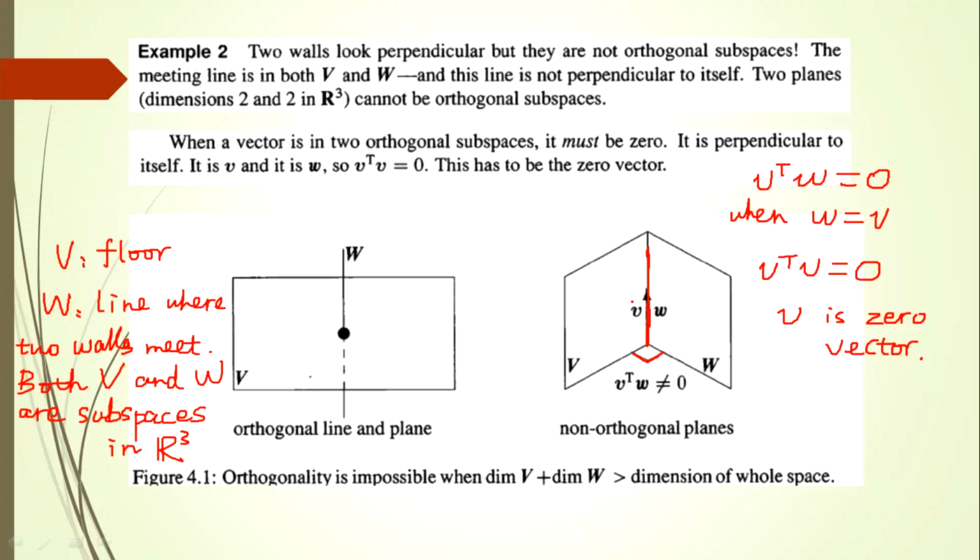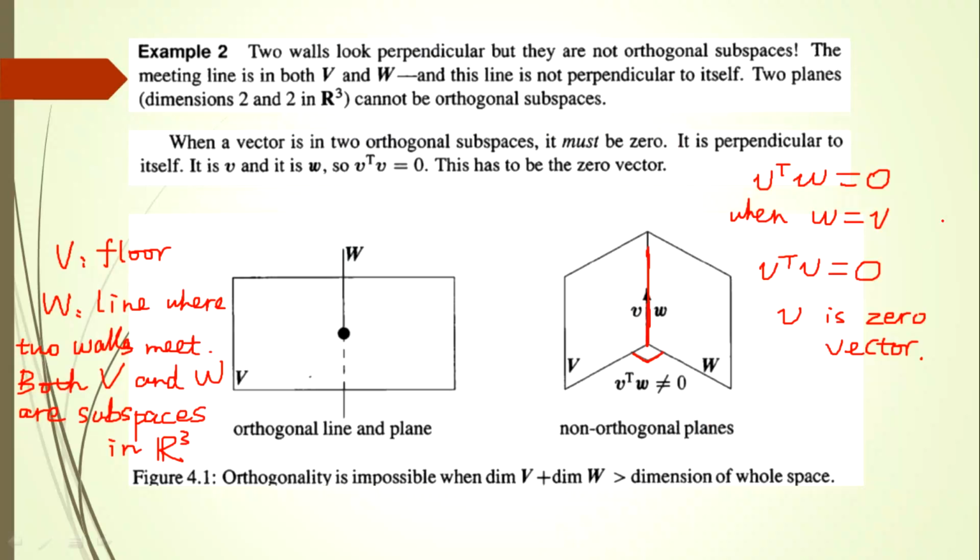So that's why those two planes, those two subspaces, are not orthogonal. Think about the definition of orthogonal subspaces. Every vector in V should be perpendicular to every vector in W, right?